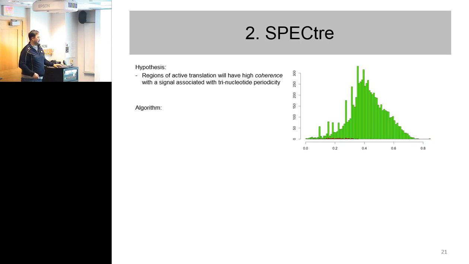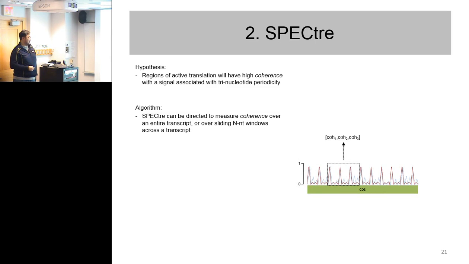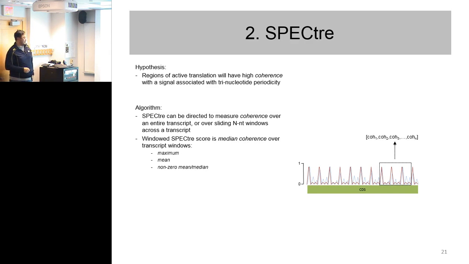Oh, well, there's the distribution. So the way we implemented this algorithm is that we enabled it so that you could measure coherence over either an entire transcript or over sliding windows across a transcript. Take the coherence there, and so on. And then what we did for the test data is we took the median coherence of these windows.